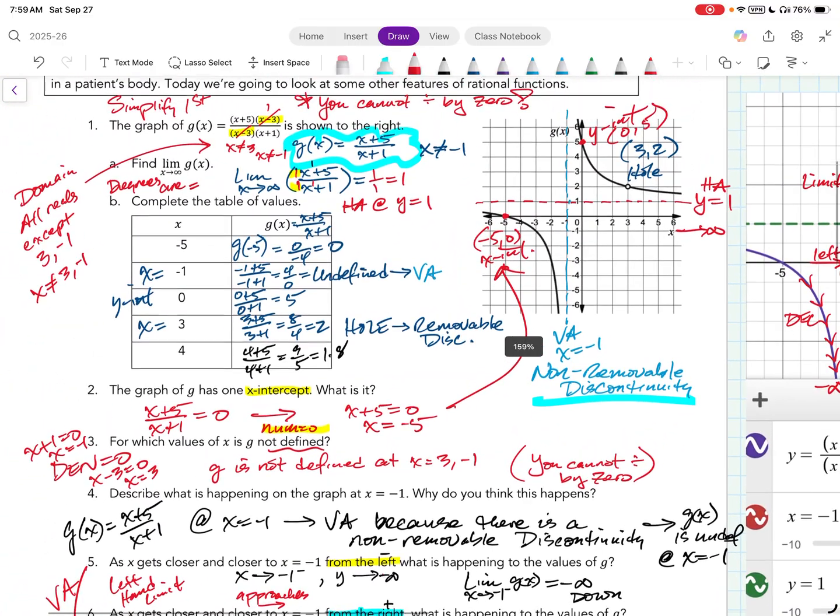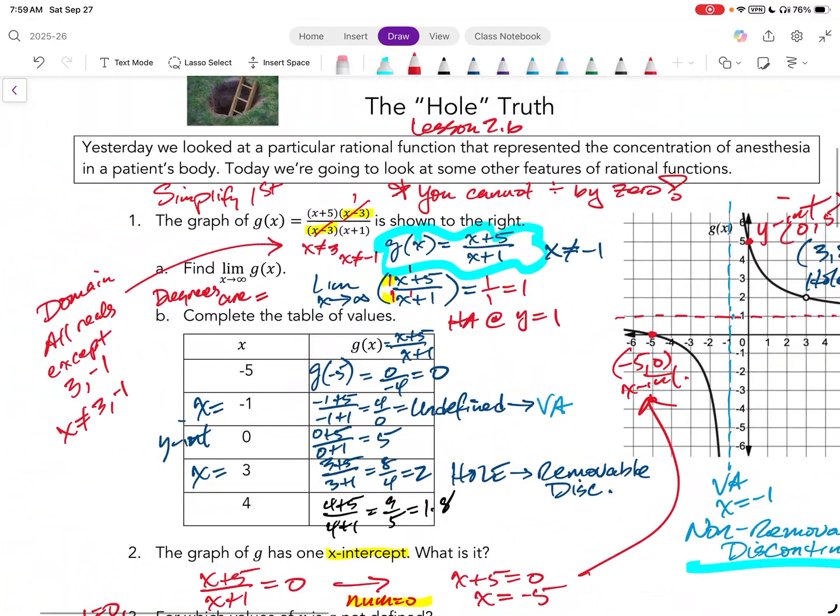So what we need to do is we simplify the function, like what we did here. All right, we simplified, we cancel out the common factors of x minus 3. We got a new function, or a simplified function. It's the same one, just simplified. And we got x plus 5 divided by x plus 1. And we looked at the denominator, and we asked ourselves, what makes the denominator equal to 0?